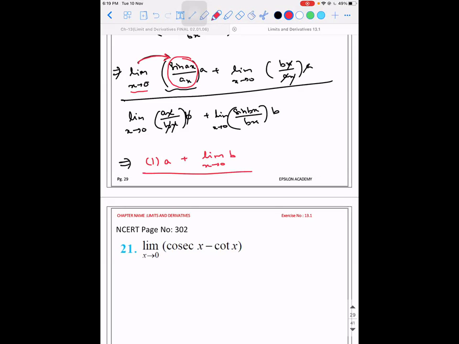The whole divided by a plus b. That will be a plus b divided by a plus b. Answer will be 1.